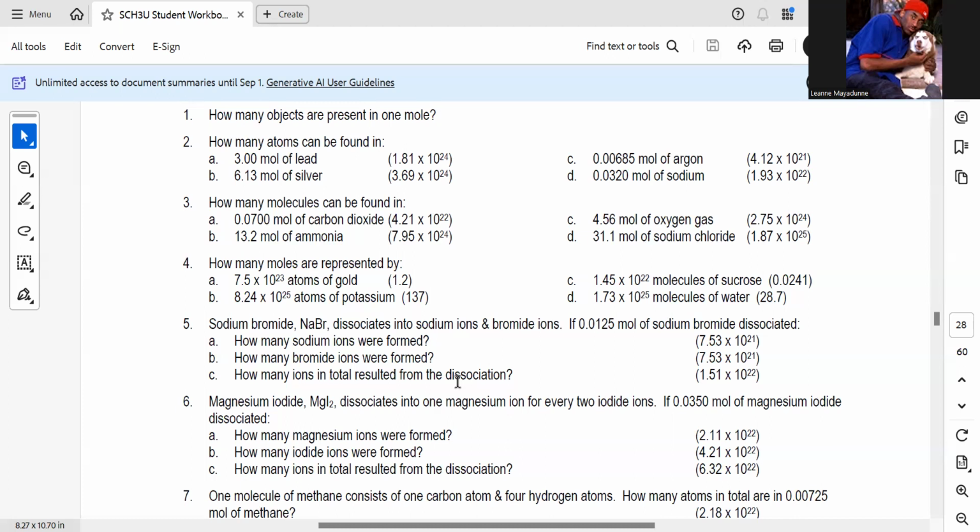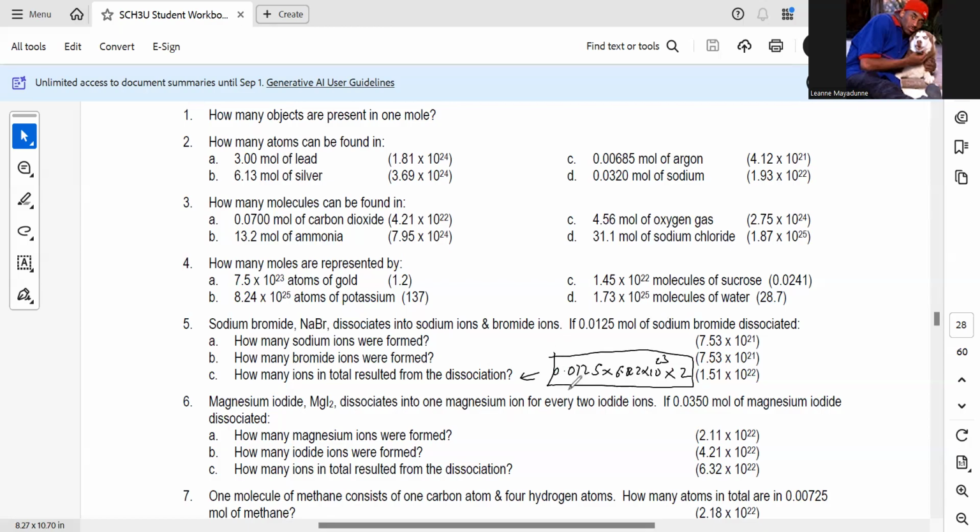Although it sounds like one and the same thing, when it comes to use of the formula, the total would be 0.0125 multiplied by 6.022 into 10 raised to 23 multiplied by 2. This is the way I would have expected this.